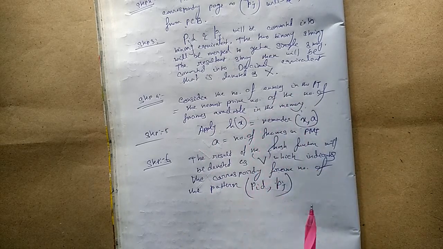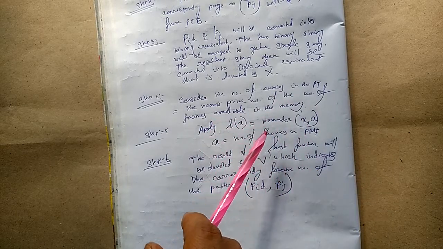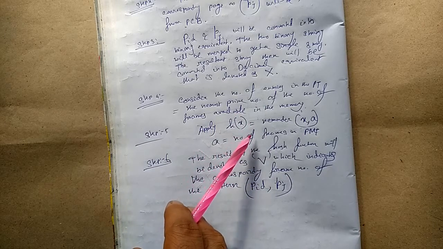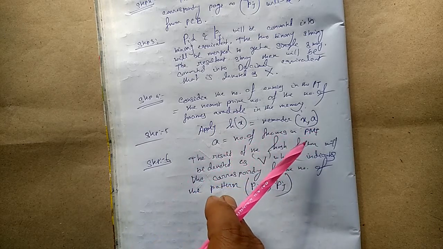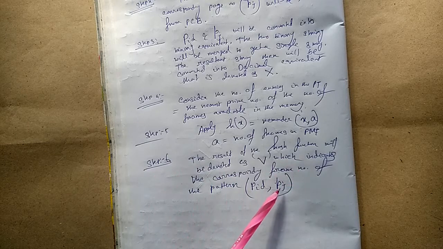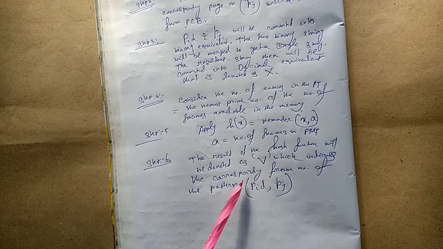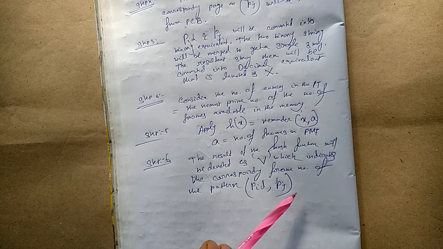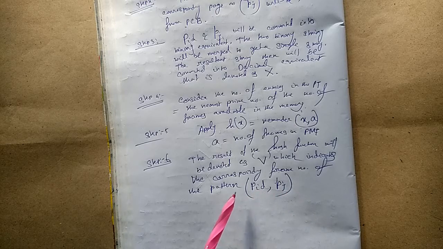That is the concept of the nearest prime number. Then we apply h(x), which means remainder of X comma A. Now the result of the hash function will be denoted as capital V, that indicates the corresponding frame number of the pattern PID and Pj.